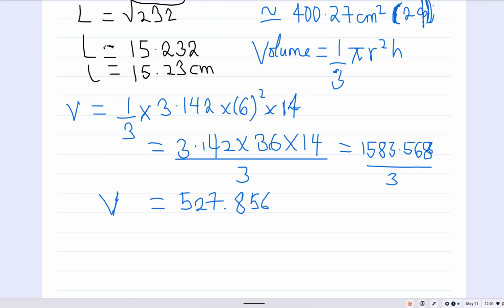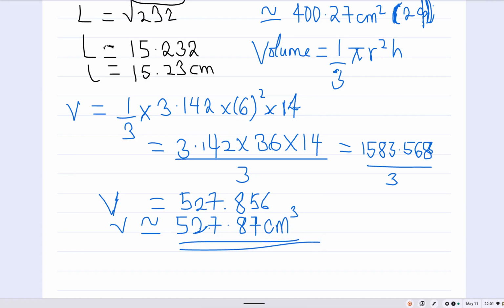Are you seeing that now? And if you approximate to 2 decimal places, that will give us 527.87. What will be the unit? Centimeter cube.